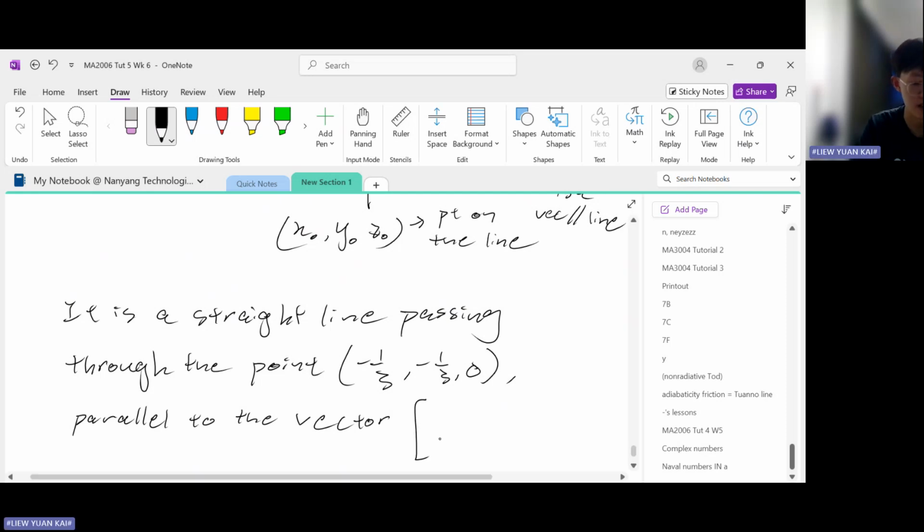You can write this as a column vector, minus 1, minus 1, 1, or you can write it in the IJK format: minus i, minus j, plus k. Okay, so this is the geometric interpretation.